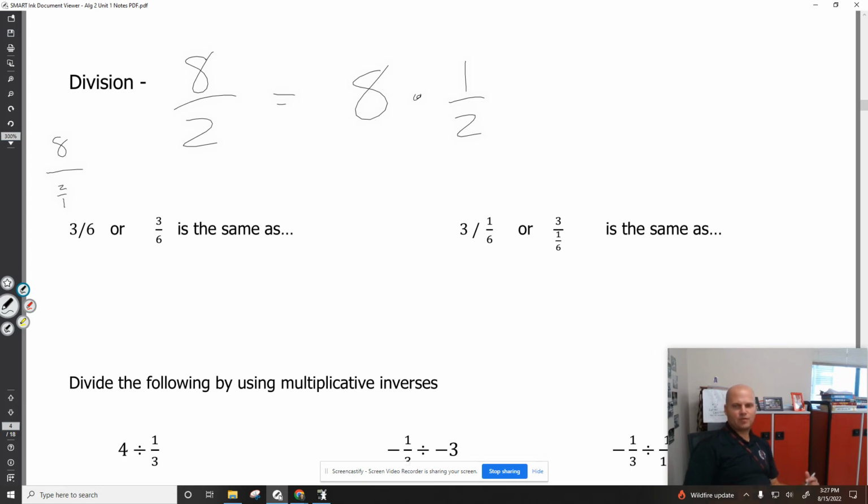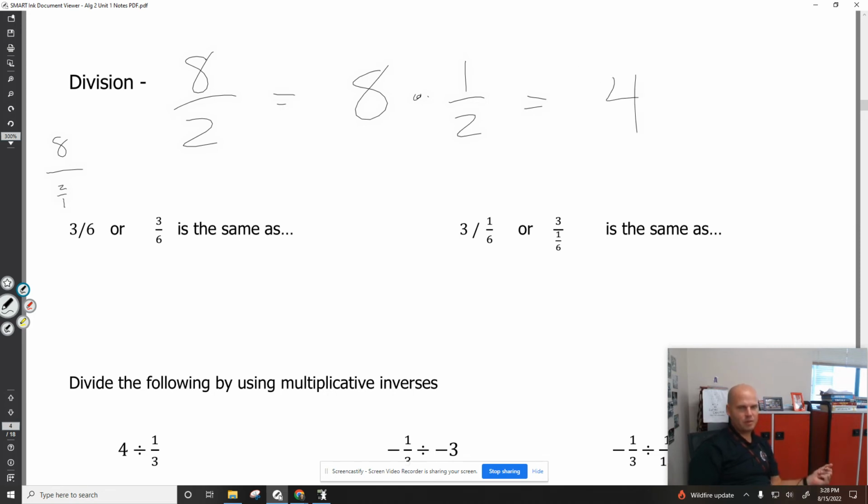Dividing by 2 is figuring out how many times 2 goes into 8: 2, 4, 6, 8. It's the same as half of 8, or 8 times a half. I don't like dividing. I prefer to multiply by the reciprocal.